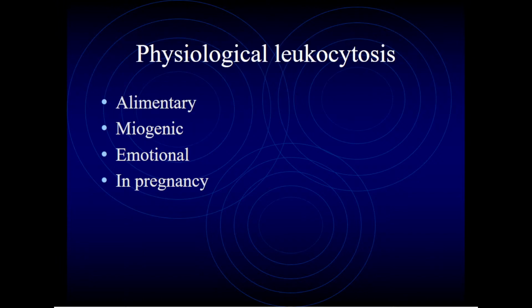The leukocytosis are of two types: physiological leukocytosis and pathological leukocytosis. The physiological leukocytosis will occur due to redistribution of blood between different organs depending on their activity.